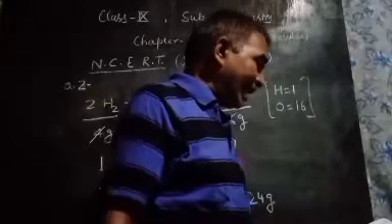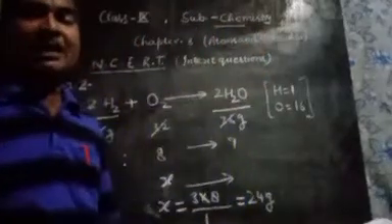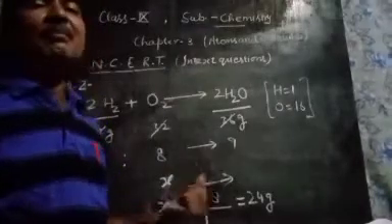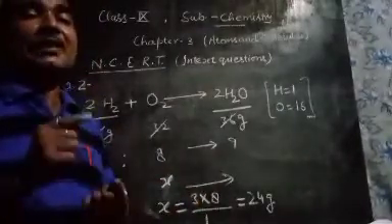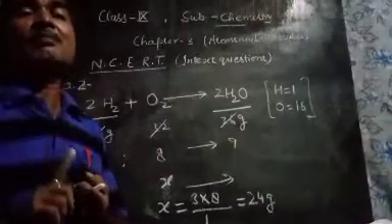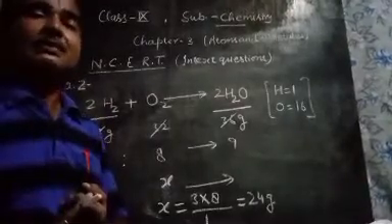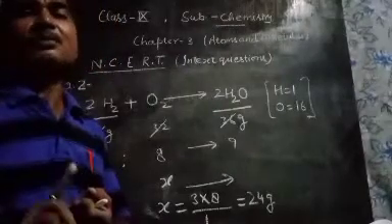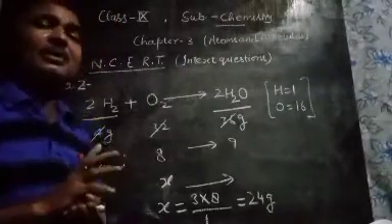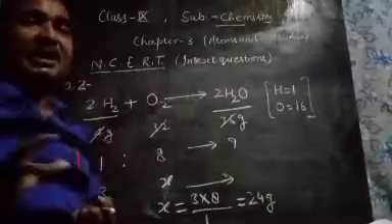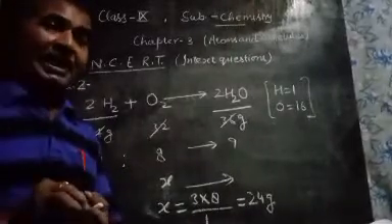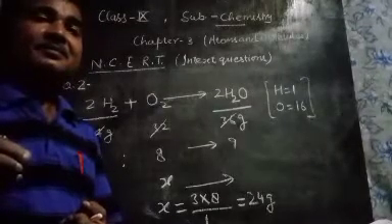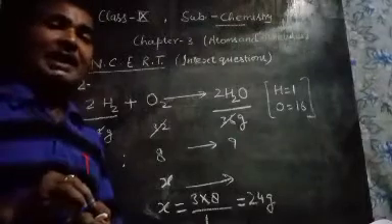Atoms combine in a definite proportion to form compounds or molecules, which expresses the law of definite proportion. I think you can write all four questions according to my lecture without any hesitation.